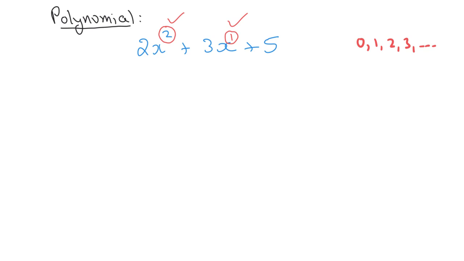So an algebraic expression where all the powers of the variables are whole numbers is called a polynomial. Get that definition now?